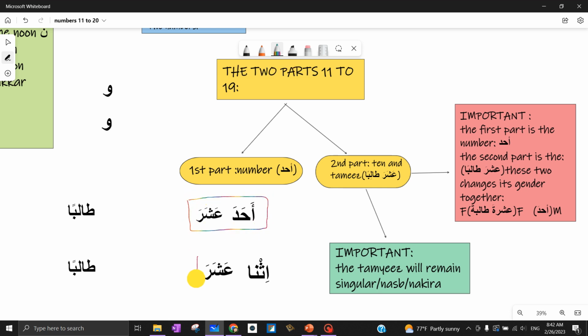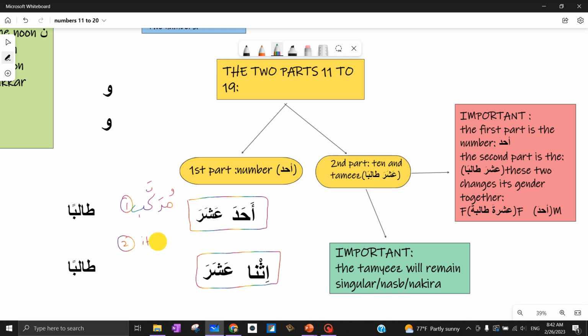Now it became murakkab: ithna ashara, ahada ashara. So when this waw was removed, what happened? Another thing, what happened? First, it became murakkab. That means a compound word. Second thing, what happened?